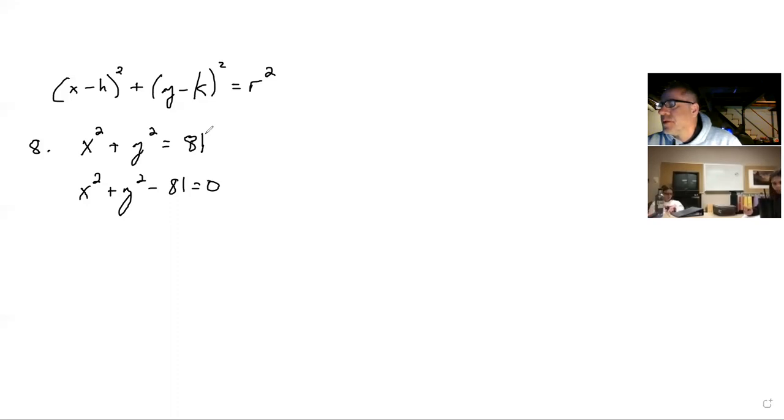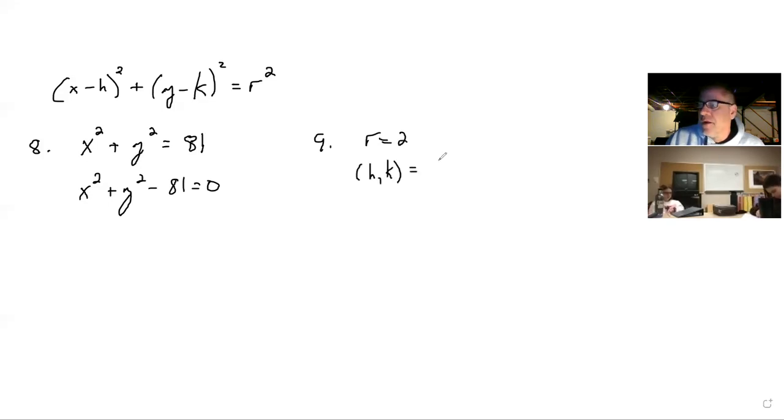Another one. So if we were to look at, I'm just going to look at 9 real quick. 9 has a radius of 2. The center h, k is 0, -2.